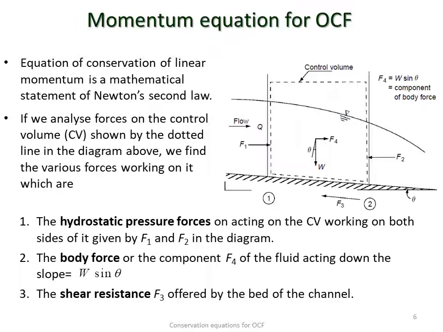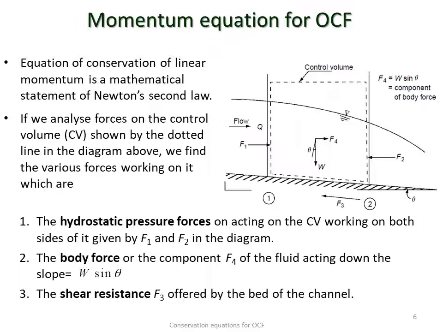So the control volume has been taken like this rectangle or square, whatever, and the forces on it have been shown by the arrows. Now we can see that on the left hand side of the control volume there is this force F1.